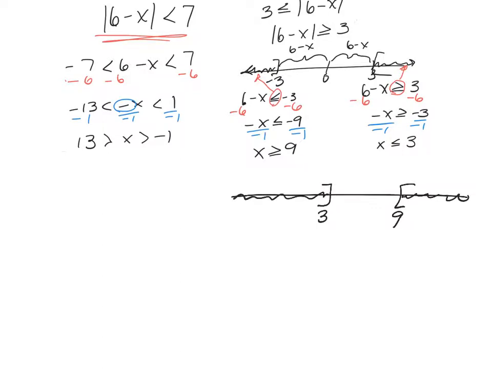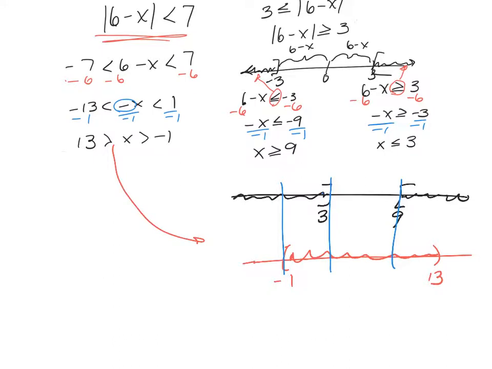And then I'm going to take this and draw its solution underneath. Its solution says I have to be greater than negative 1, but less than 13. So the final solution is this region in which they're both shaded.